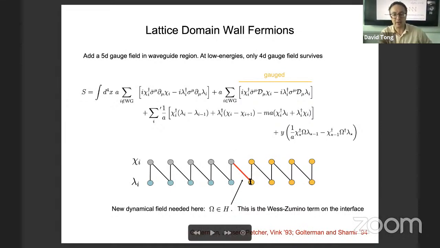At the interface, the hopping term that takes you from this to this is not gauge invariant, because this transforms under a gauge symmetry, whereas this does not. So in order to write down a lattice action with gauge invariance, you're obliged to introduce a new dynamical field. The new dynamical field sits here. It has to be group valued.